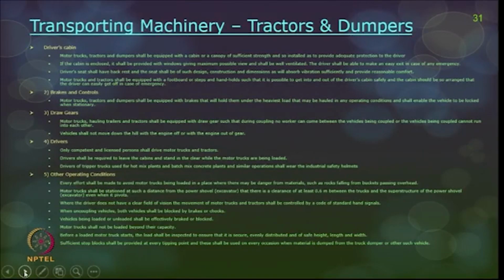Now, general precautions on earth cutting machinery and general precautions on transporting machinery, primarily tractors and dumpers, I am not covering here, but they are all given in the IS codes. For example, let me talk about what these equipments are.